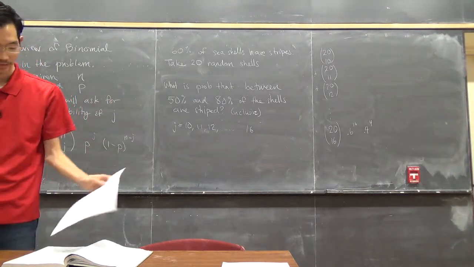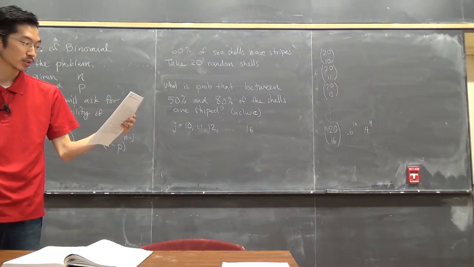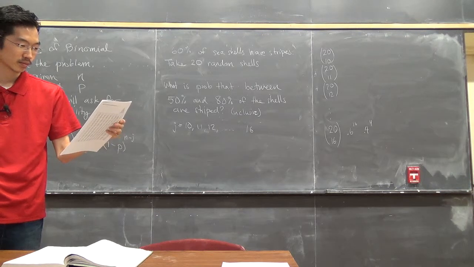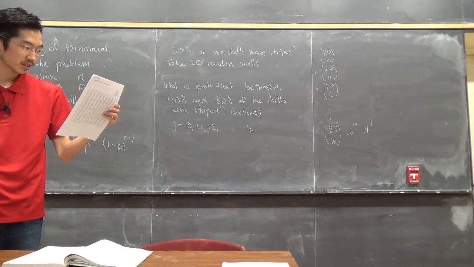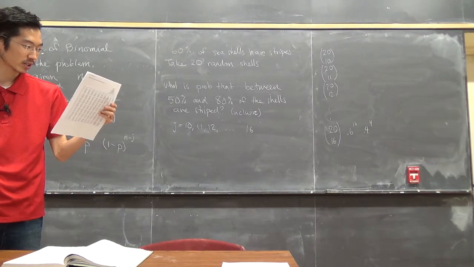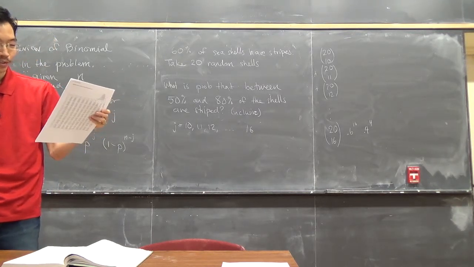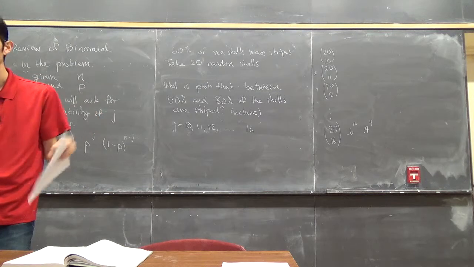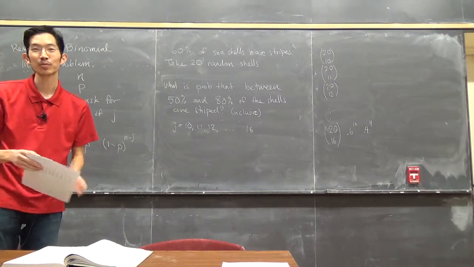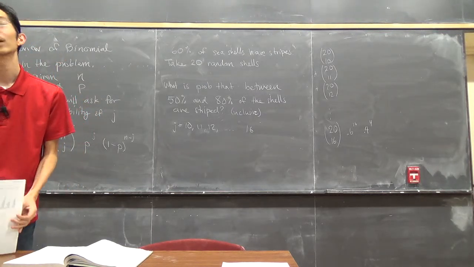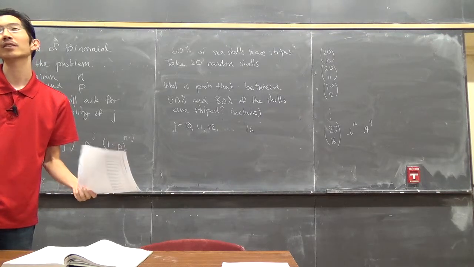Okay. So that's available too. These numbers grow very quickly, huh? 20 choose 10, there's 184,756, okay?